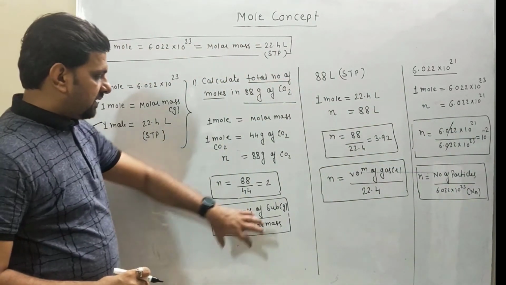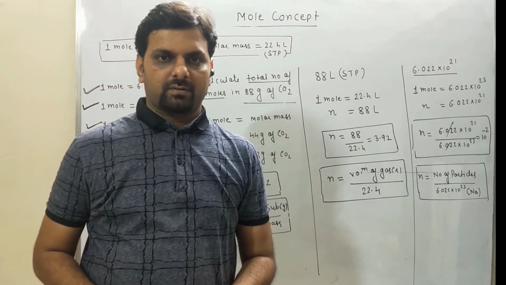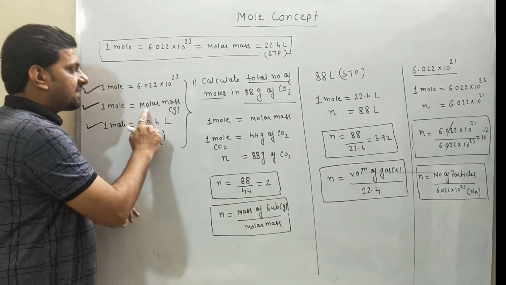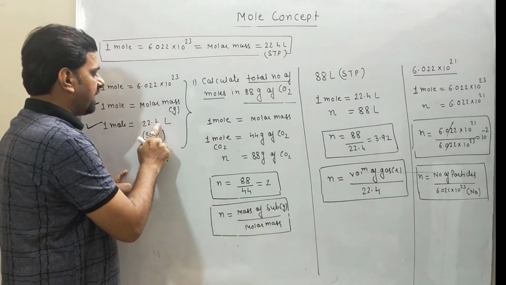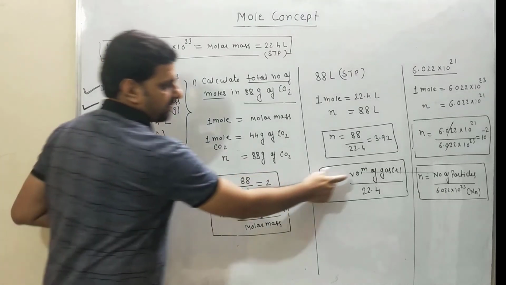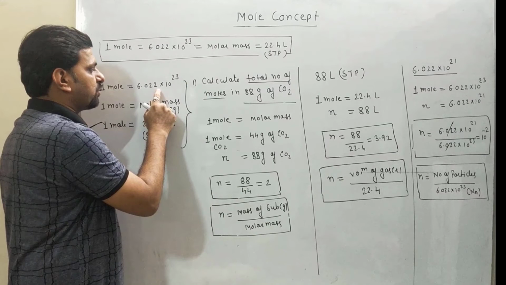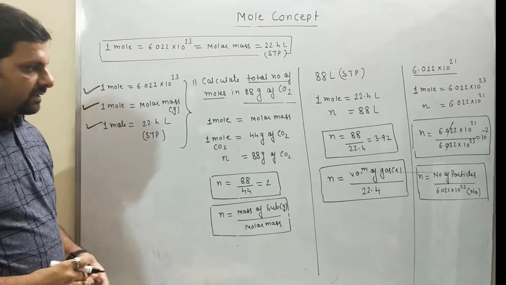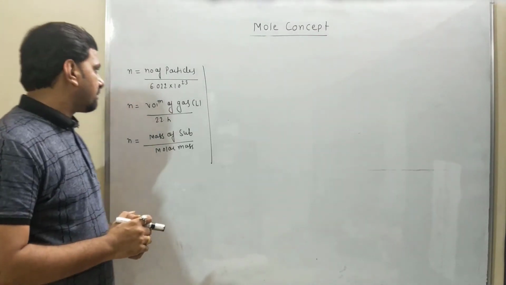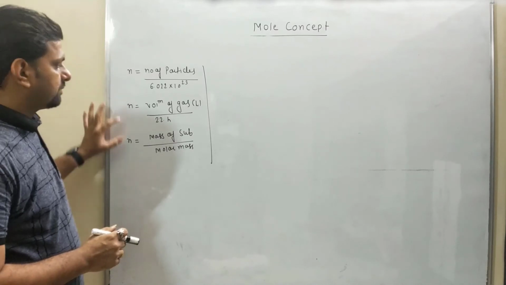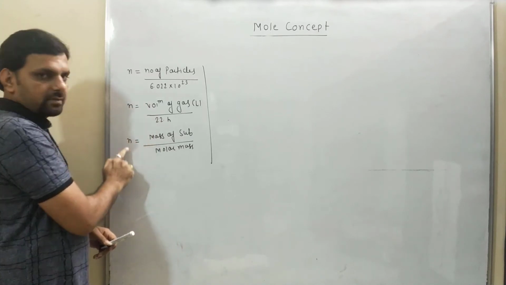So now we have these three formulas by which you can easily calculate number of moles. Okay. So if mass is given, divide by molar mass. If volume is given, divide by 22.4 liter. If number of particles is given, divide by 6.022 into 10 raised to 23. So from earlier discussion, we have developed these three formulas. Using these formulas, you can easily calculate number of moles.